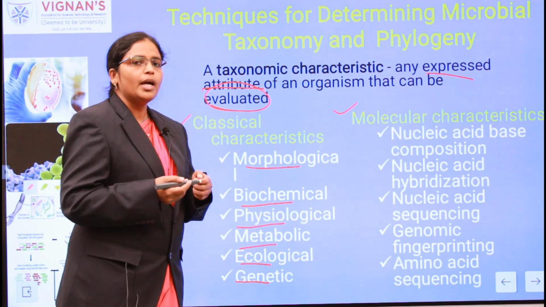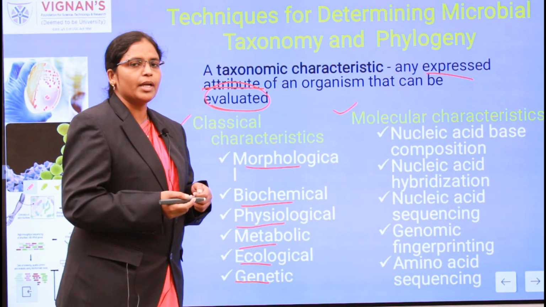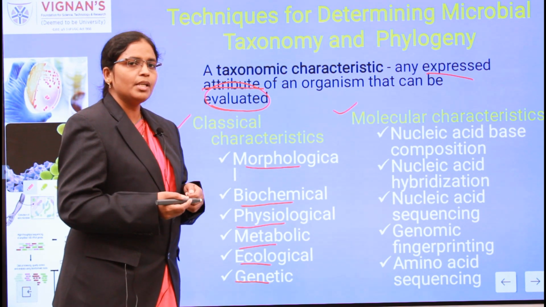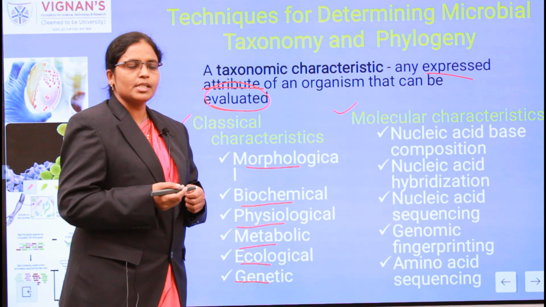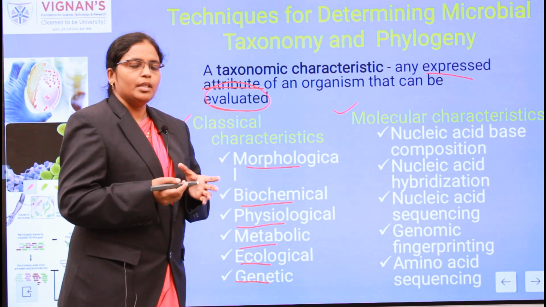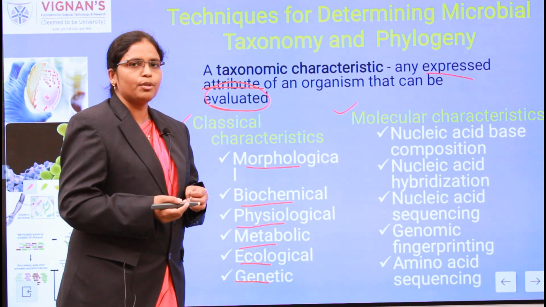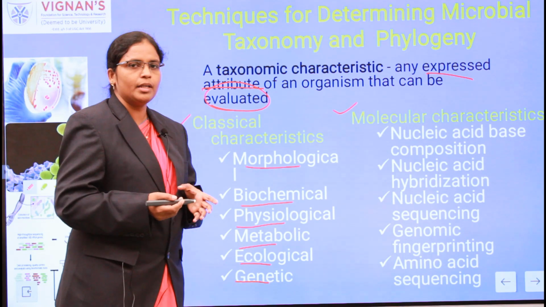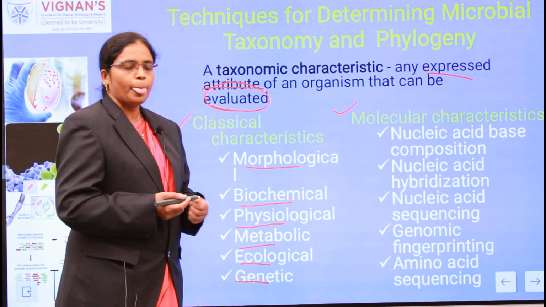So what are the biochemical tests used for identifying a particular microorganism, that we will see. Next, physiological. Physiological is nothing but the environment, the mode of nutrition, the requirements of carbon, nitrogen, all these patterns we will learn under the physiological features.